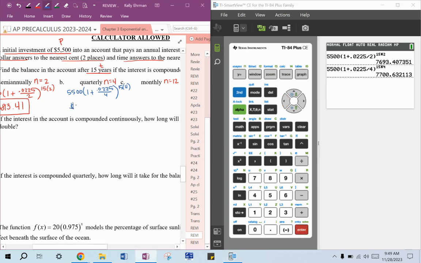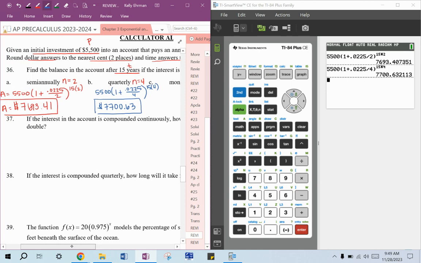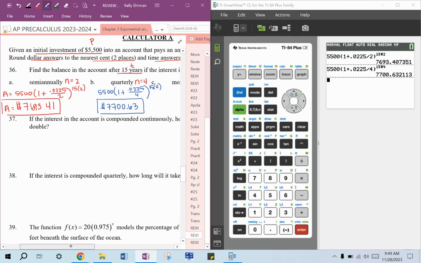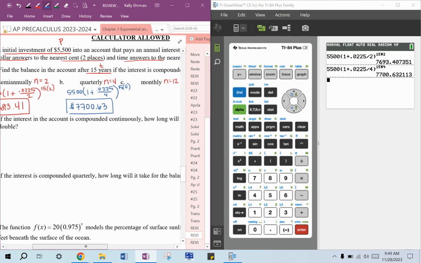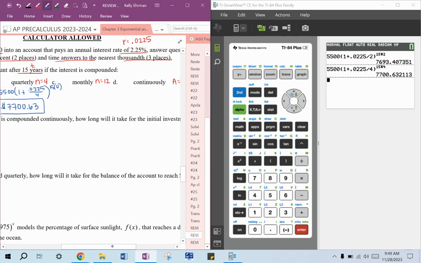So now we get 7,700.63. Should be in the same ballpark as the other number. We've got about $7 more, it looks like. So that's good. And then now we need to change things to monthly.